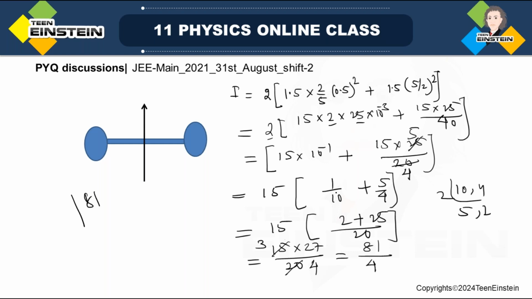I think I have 1.5, fine. 10 to the power minus 2 from here, this is also fine.